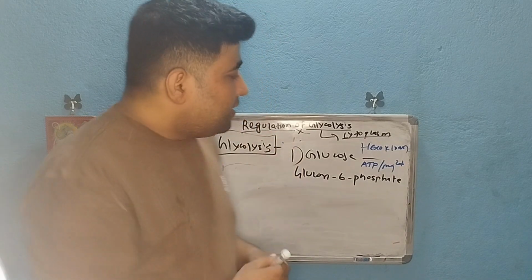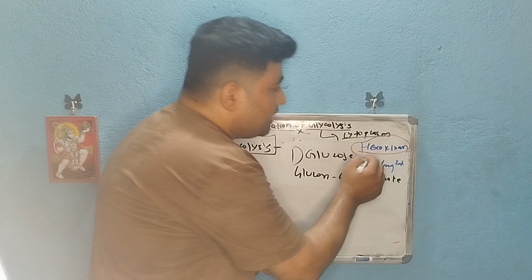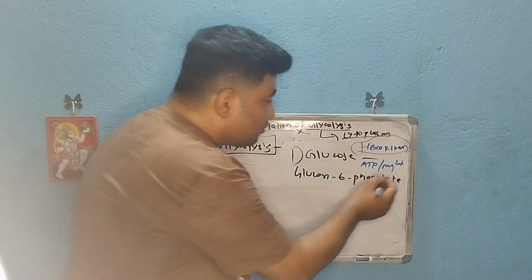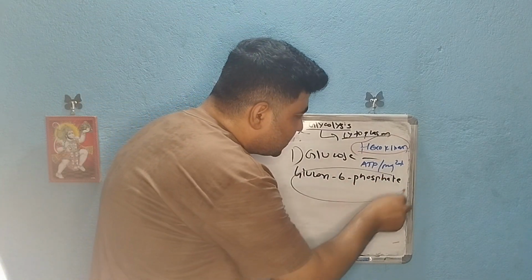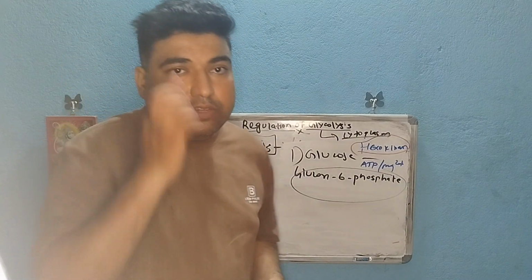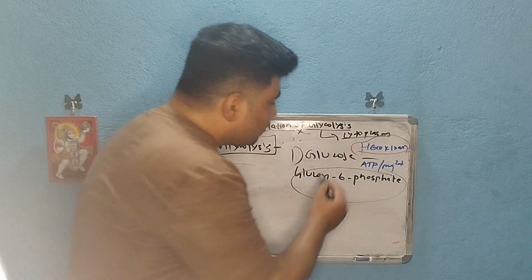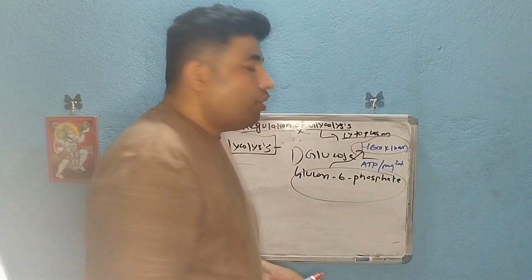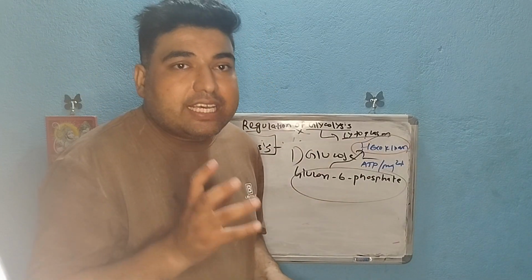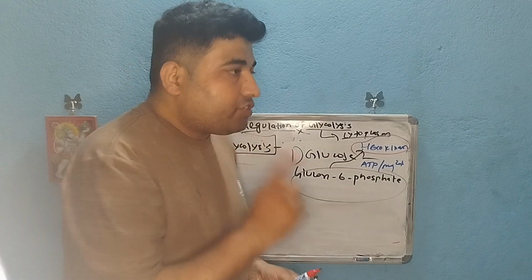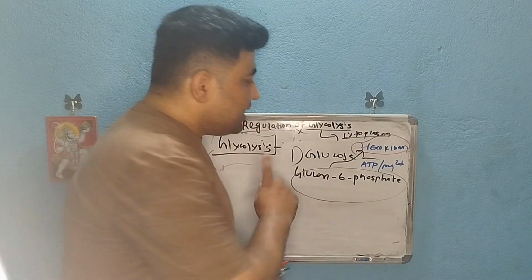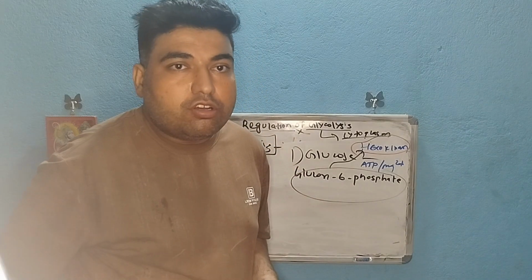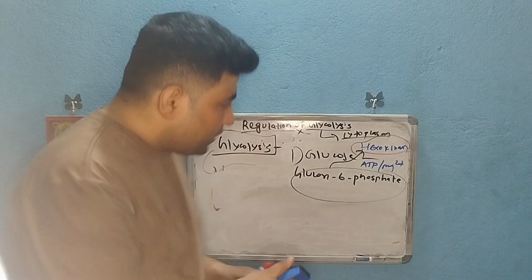This enzyme is regulated by the concentration of glucose 6-phosphate. Increasing concentration of glucose 6-phosphate exerts a negative feedback on the hexokinase enzyme.